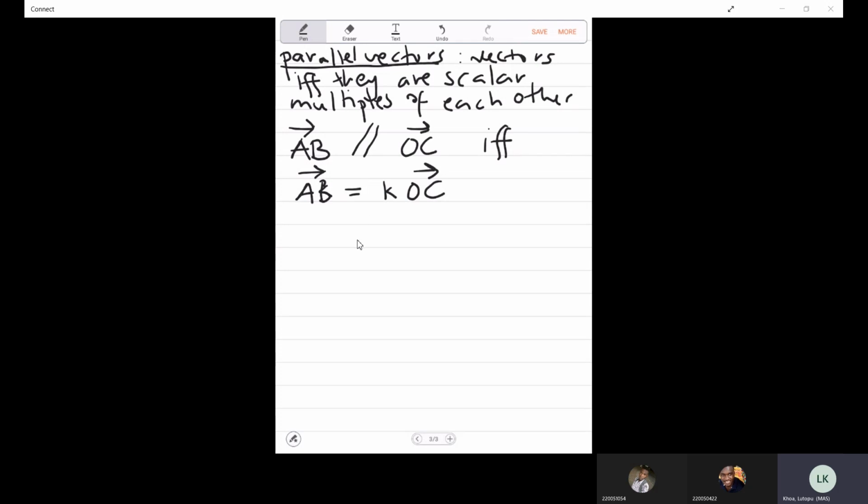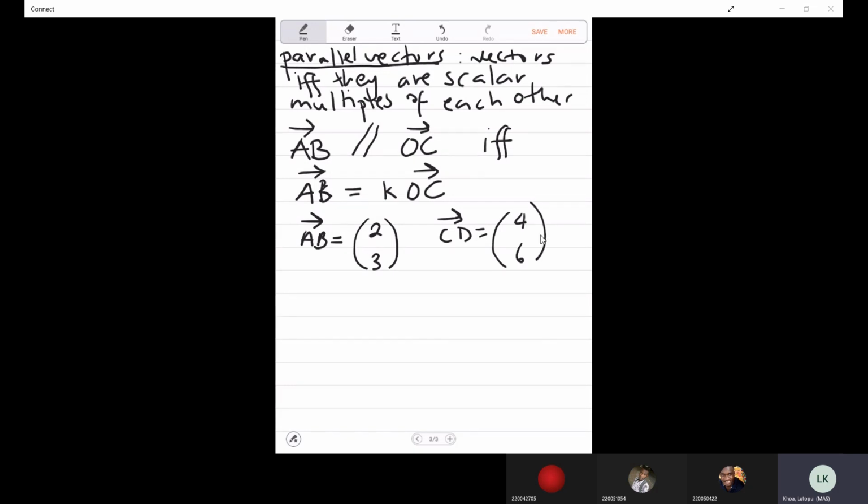Okay, so an example is, let's say AB is equal to (2, 3), and CD is equal to (4, 6).